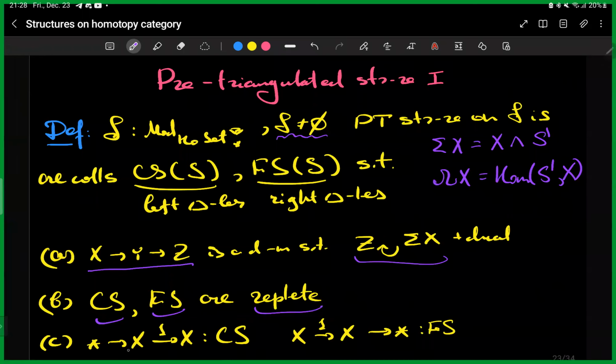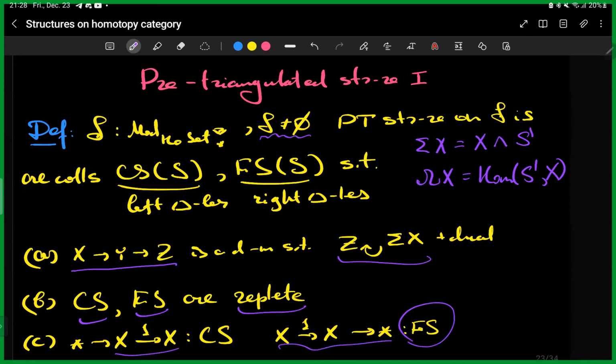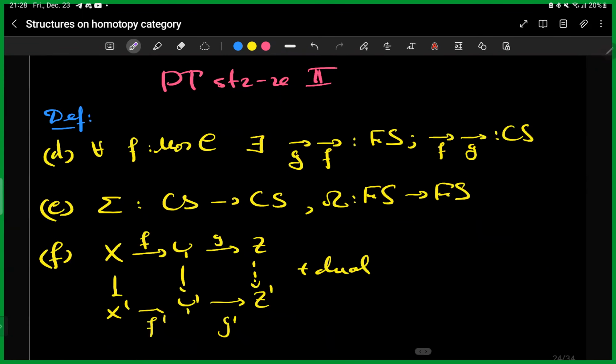Additionally, the sort of identity triangles belong to cofiber sequences and fiber sequences. So a triangle of this form is a cofiber sequence, and a triangle of this form is a fiber sequence. Okay, the next axiom says that if we have an arbitrary morphism in our category, which is for some reason denoted S, but C, but it should be S. Then there exists a fiber sequence which includes this map, and there exists a cofiber sequence which includes this map.